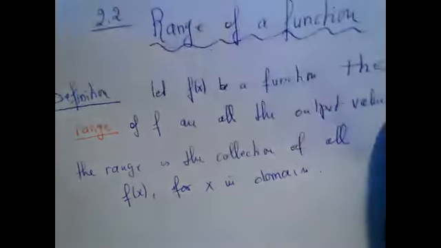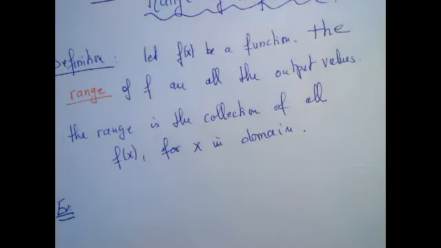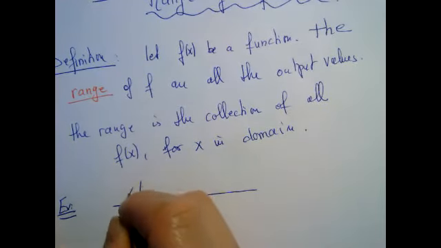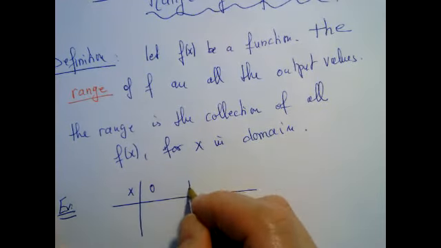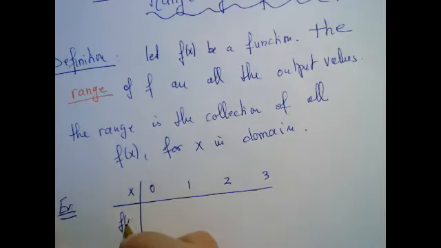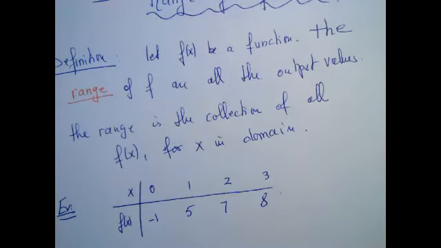Okay, only examples will make you understand the idea. So again, examples. Suppose I have, this is my rule, and I start with a table all the time because tables are easy to interact with. That's my function, okay?